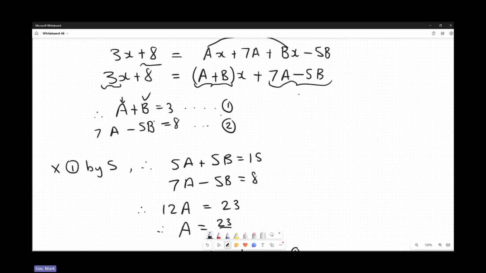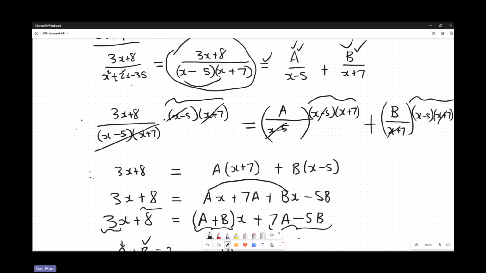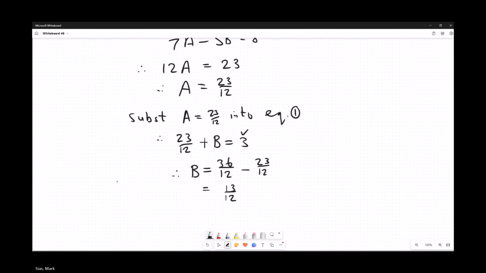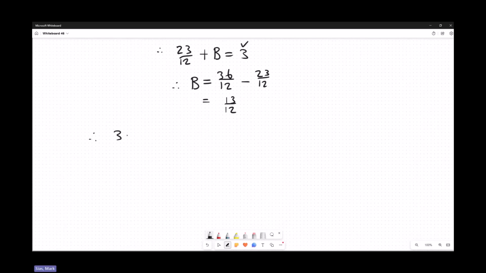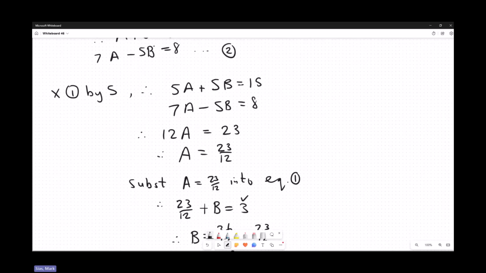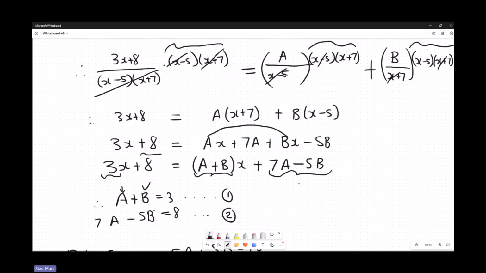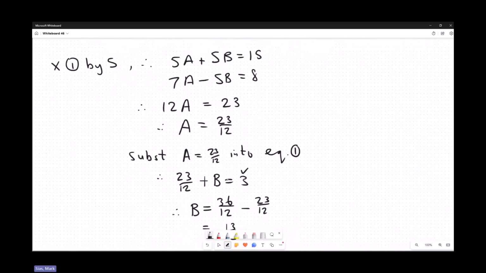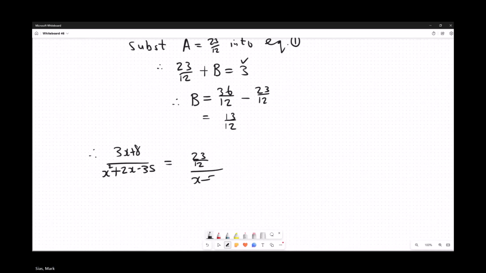Right, so that ultimately in the final analysis, you can write 3x plus 8, and you can double check that answer, divided by x squared plus 2x minus 35 is equal to, well, a we said is 23 over 12, over, and that linear factor in the denominator where a was, the linear factor was x minus 5, over x minus 5, plus, and then b we found as 13 over 12, and the linear factor there from the factorization was x plus 7.